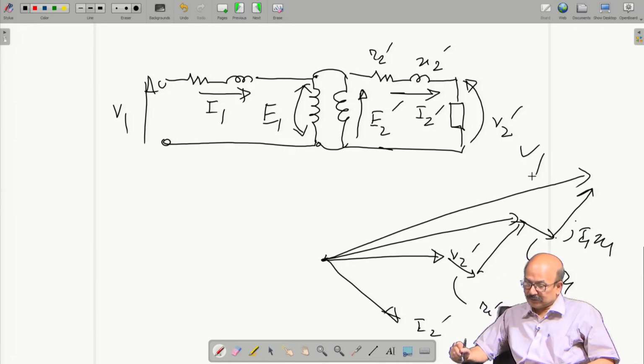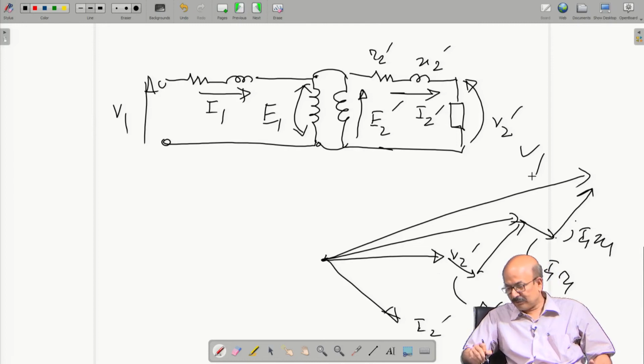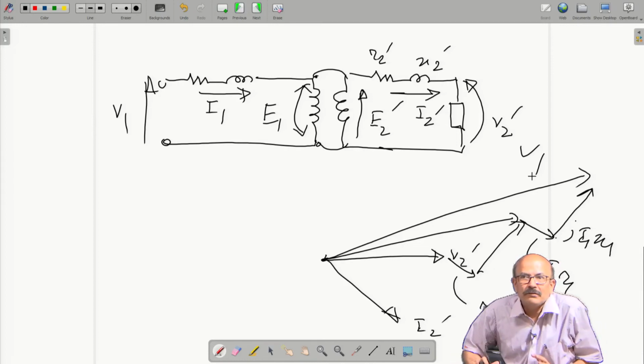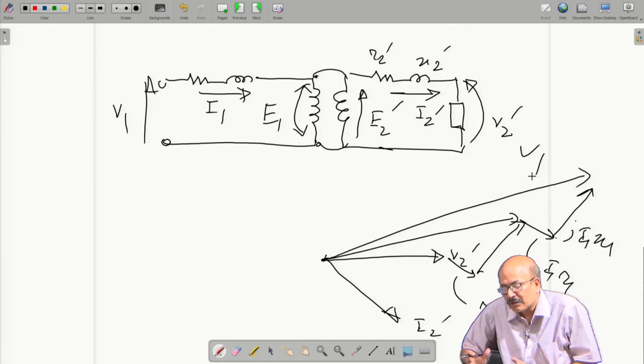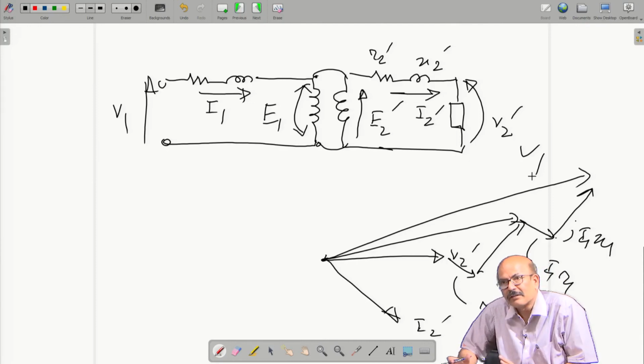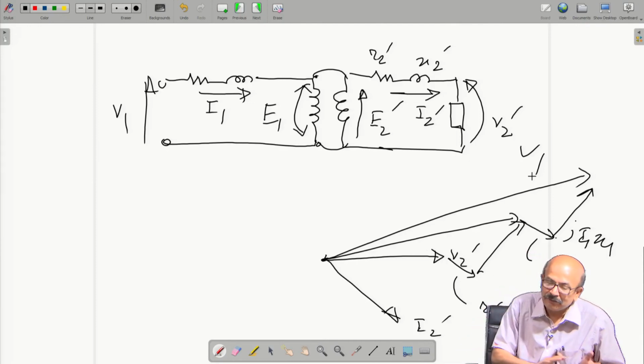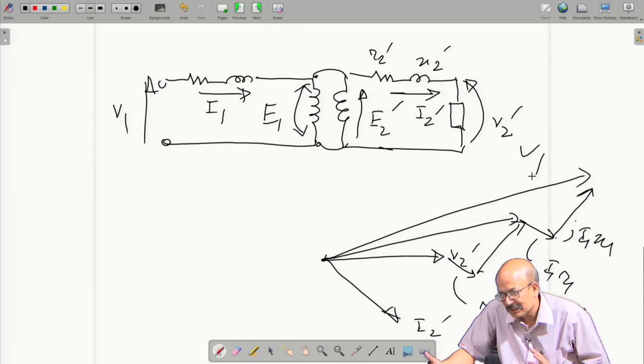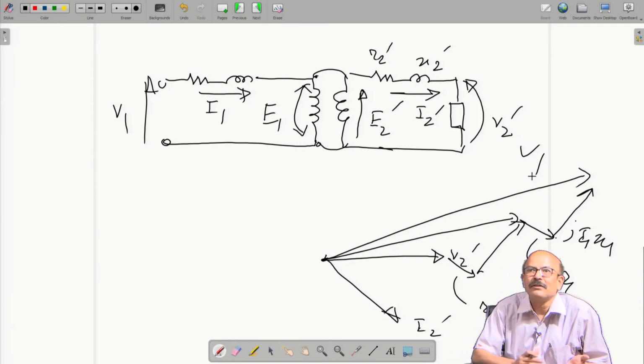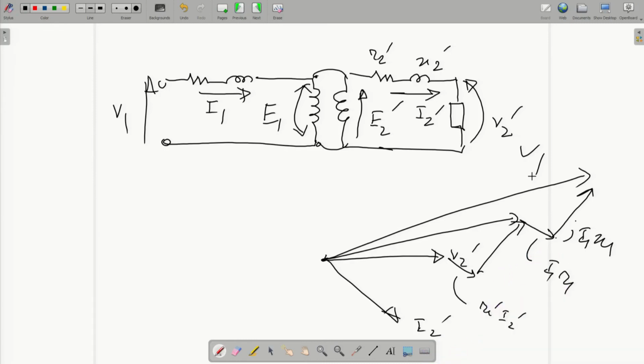And for a transformer this is simply enough, because normally we need for a transformer the voltage and current on the secondary and the voltage and current on the primary. We never need the phase of the secondary with respect to the phase of the primary voltage, right. Because of that, this simplifies, and you need not really consider E2 and minus E1 in the phasor diagram.